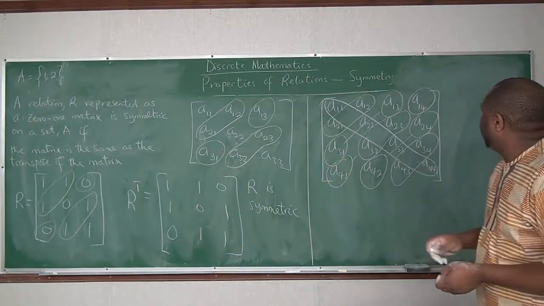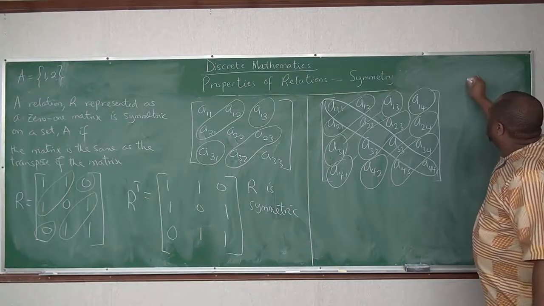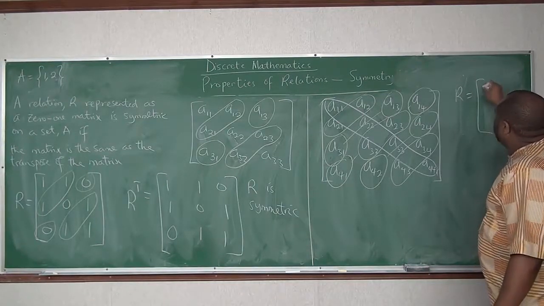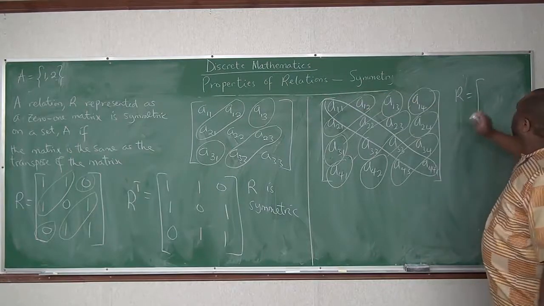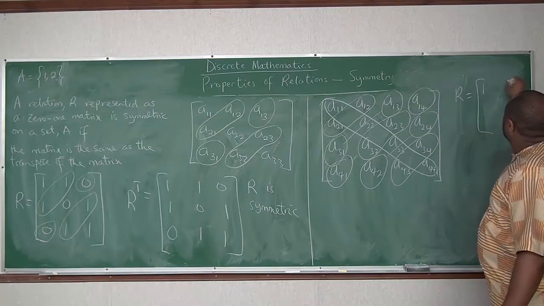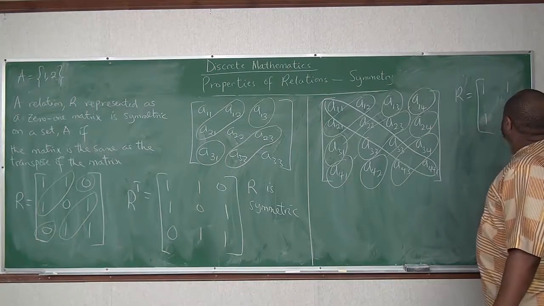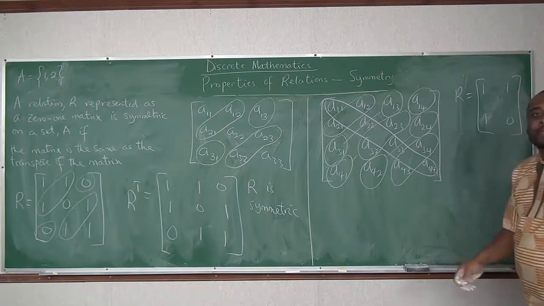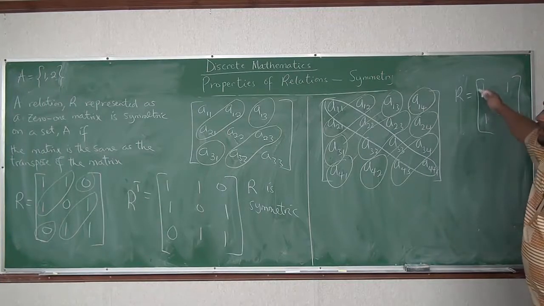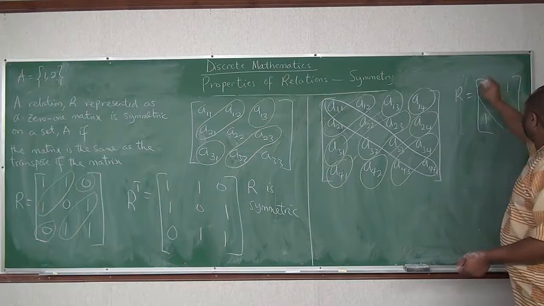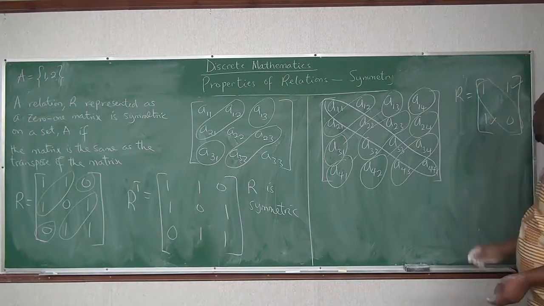Let's say you have A equal to 1, 2, and you have 1, 1, 1, 0. Okay? We don't care whether you have 1s and 0s in the principal diagonal, provided that this and this are the same.